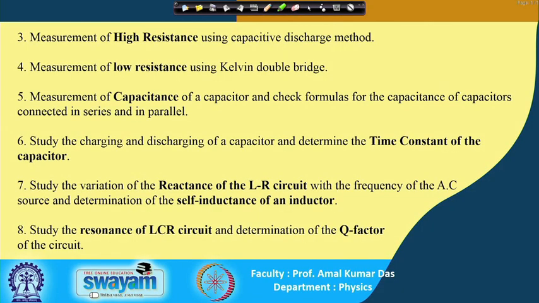Depending on that, we use a different name: impedance, reactance, or resistance. We will study the variation of reactance of the LR circuit with the frequency of the AC source and determine the self inductance of an inductor.